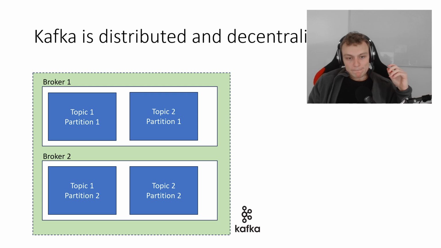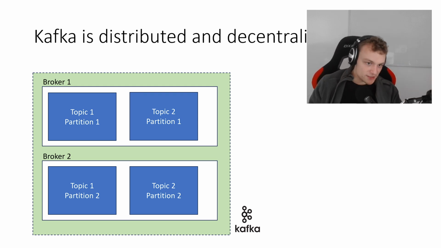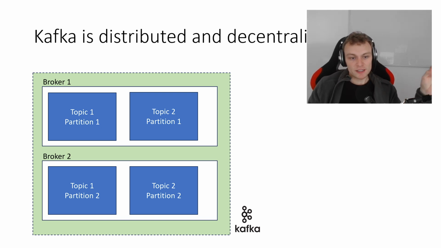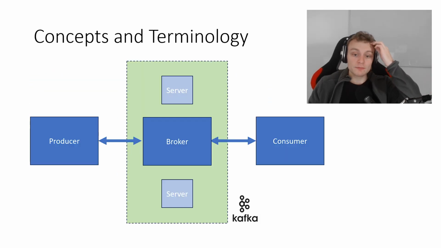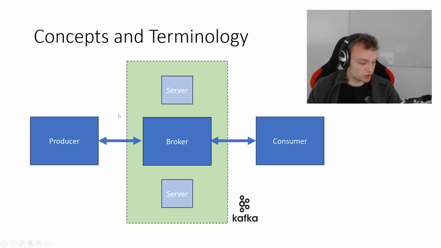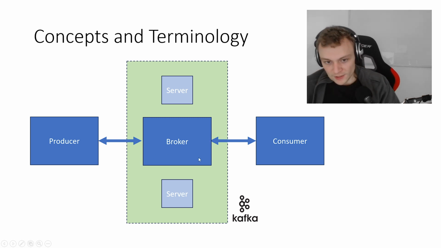Okay. In addition to that, Apache Kafka is completely distributed and decentralized. If we have a look at one of the first slides here, we had the simplest possible example of one producer, one broker, and one consumer. The broker is the entity that contains all the partitions and stores the events for the different partitions and topics.